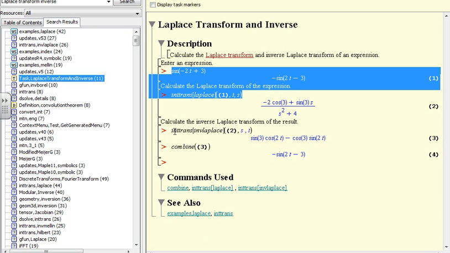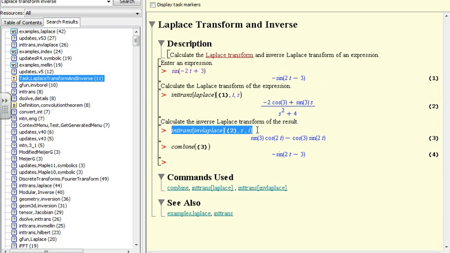That's the one we want. That's the inverse. So that's the inverse Laplace transform. Okay, that's better.